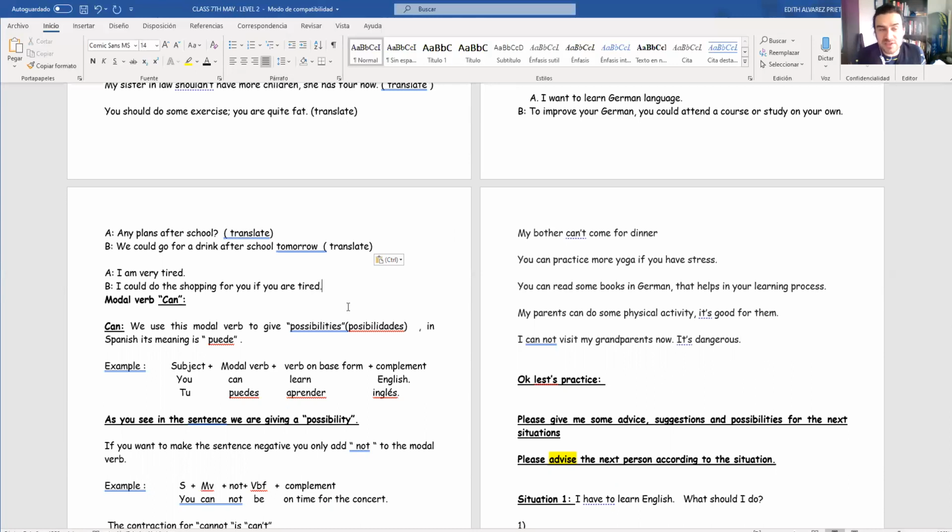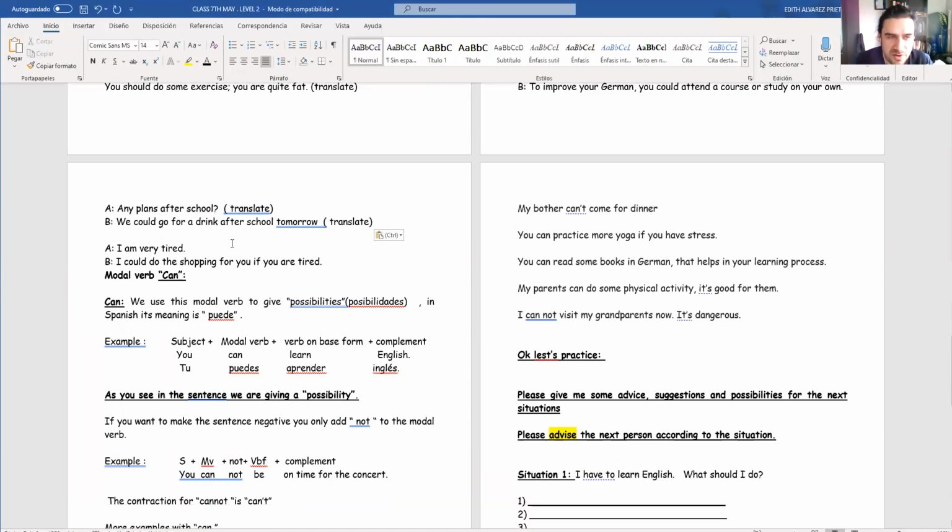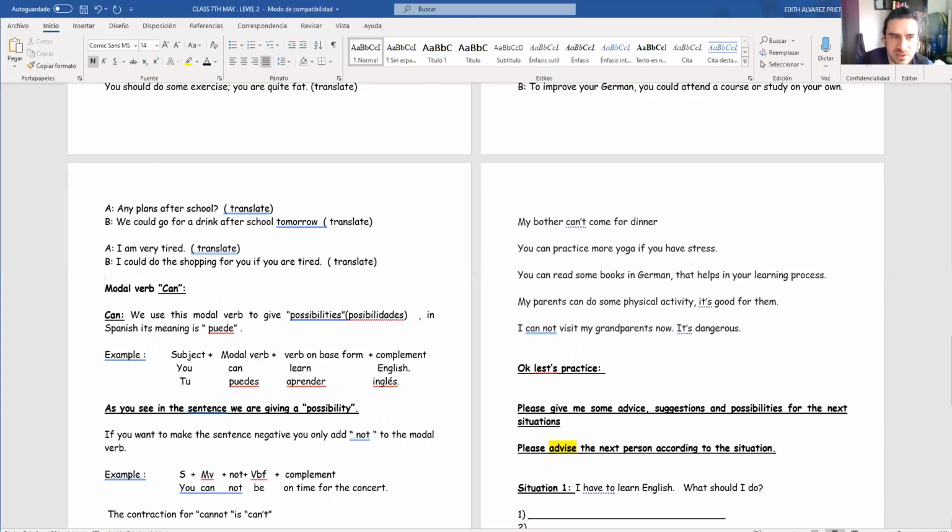And the alternative, the suggestion is, we could go for a drink after school tomorrow. Another one, you have to translate this one as well. I am very tired. I could do the shopping for you if you are tired. That will be a suggestion.